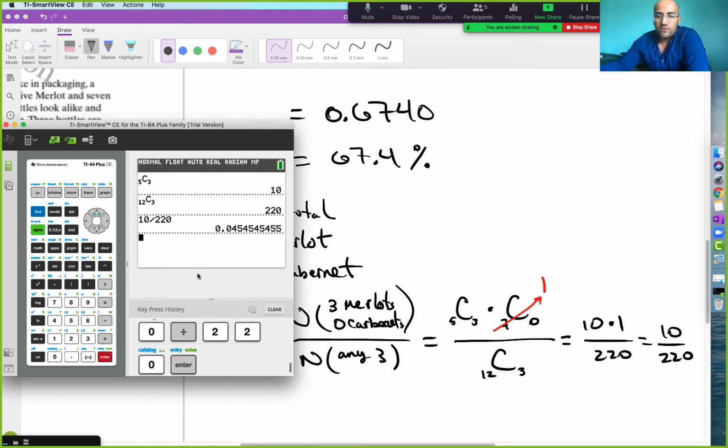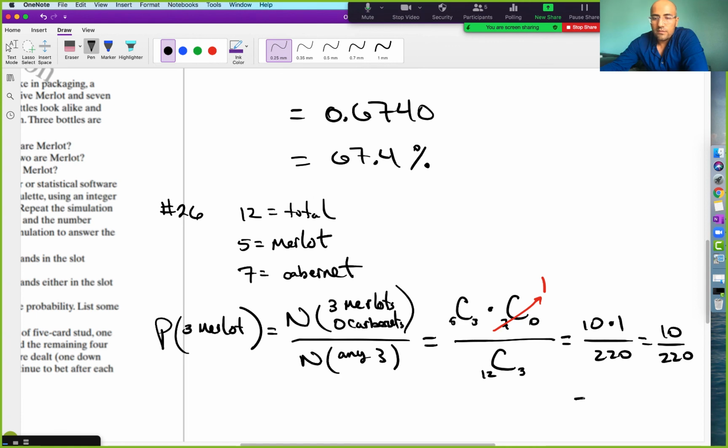So that's a pretty small number. So this equals 0.0455, or about 4.545%.